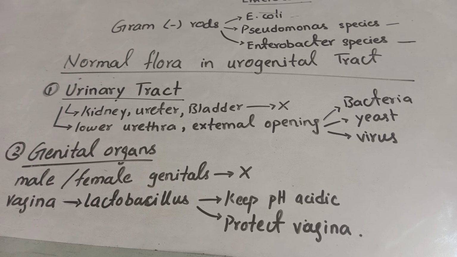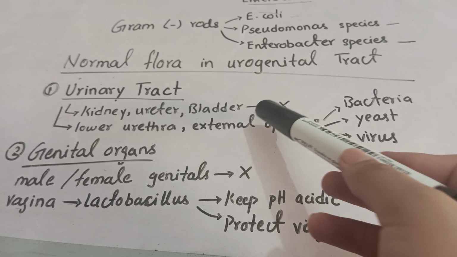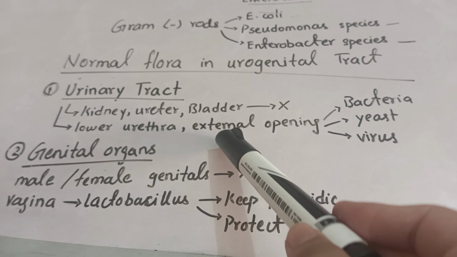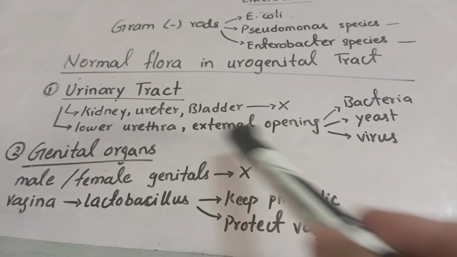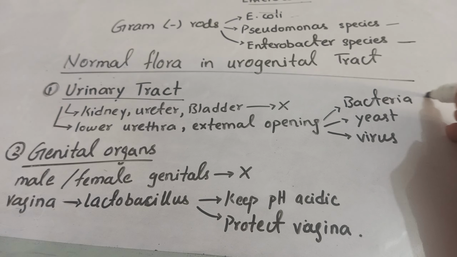Your kidney, ureter and urinary bladder are sterile. They contain no normal flora. But your lower urethra and the external opening of the urethra will contain some types of bacteria and viruses. The bacteria in them are mostly similar to the bacteria present on your outer skin.